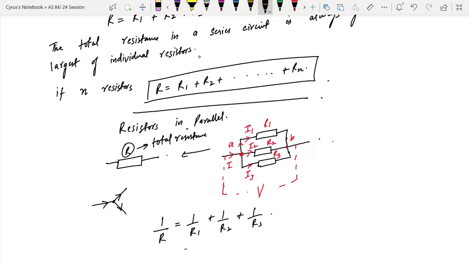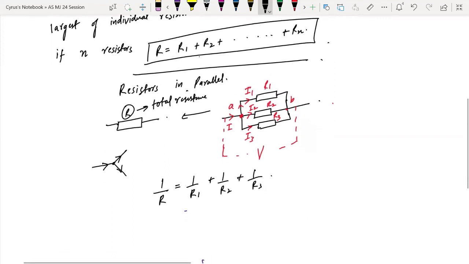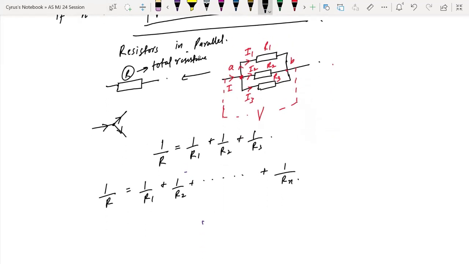But if we have n resistors, then the total resistance is given by 1 over R is equal to 1 over R1 plus 1 over R2 plus ... plus 1 over Rn. If you have n resistors, and at the end you need to find the total resistance, that can be found by taking the reciprocal of the entire expression.